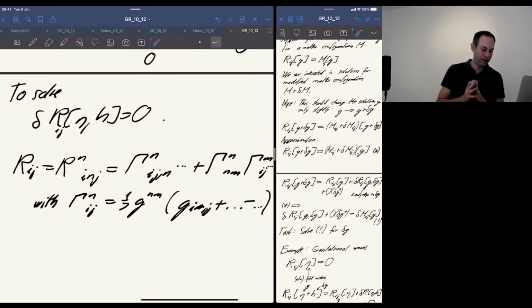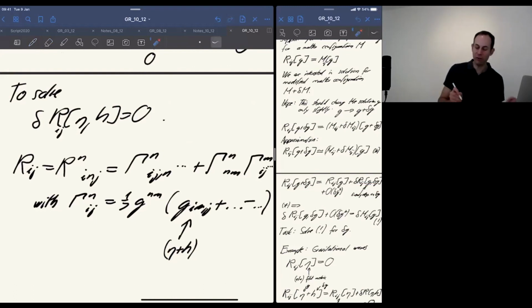So you can see it as the curvature that you have when you have a very small deviation from the flat metric. And that you can calculate. So what you have to do is, wherever you have the G, you put in eta plus H, where H is small and eta is the flat metric. And then you get an expression.